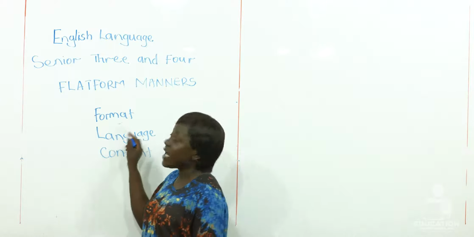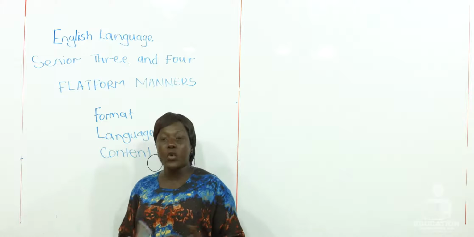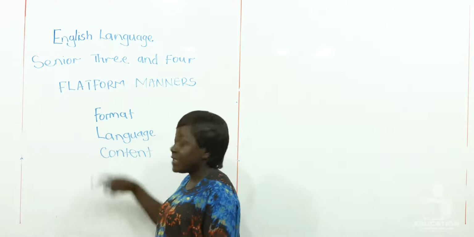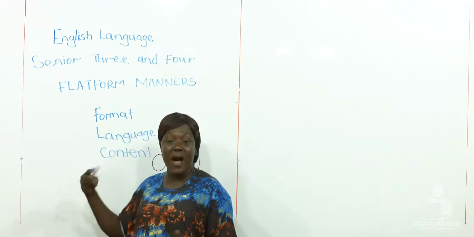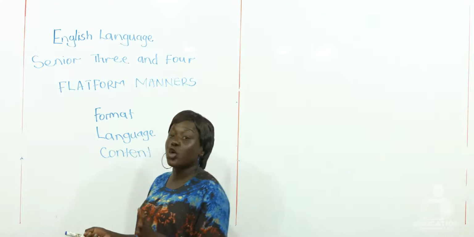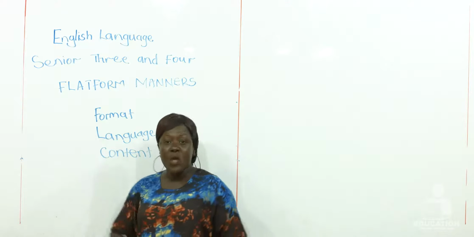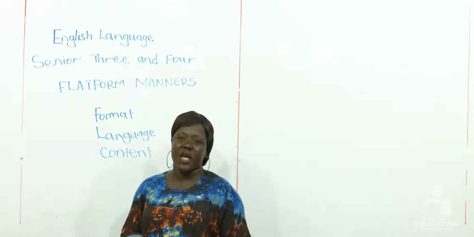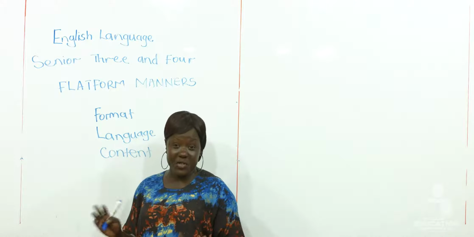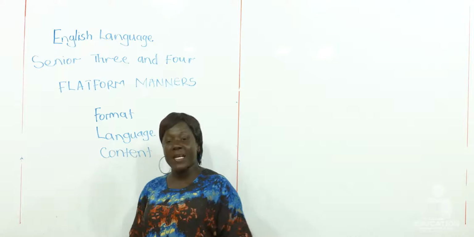I even taught you under format how to greet, how to introduce yourself. You now know in this case that format also has that introduction of topic, and we concluded our format by conclusion of a speech. I showed you very well how to summarize or conclude your speech. I did not stop there, my dear learners.